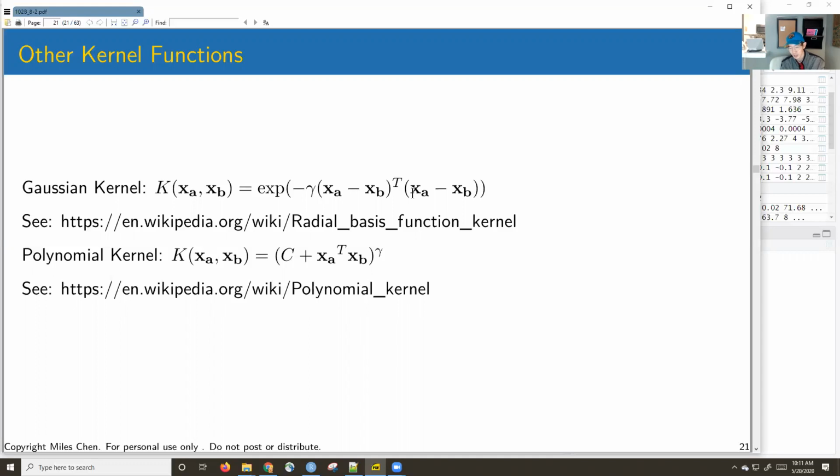But theoretically, the equivalent phi transformation function takes your vector and it transforms it into a vector of infinite length. But we don't even need that. We can just use the kernel function.